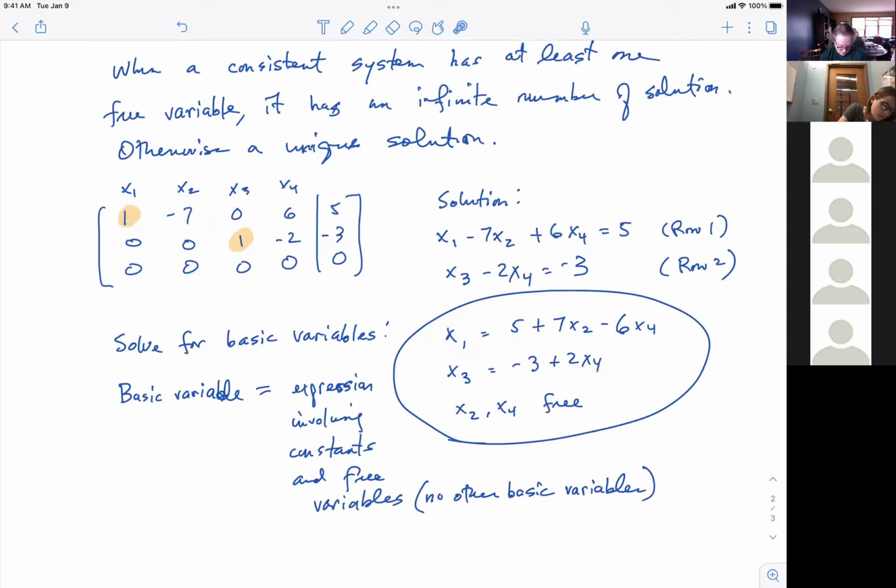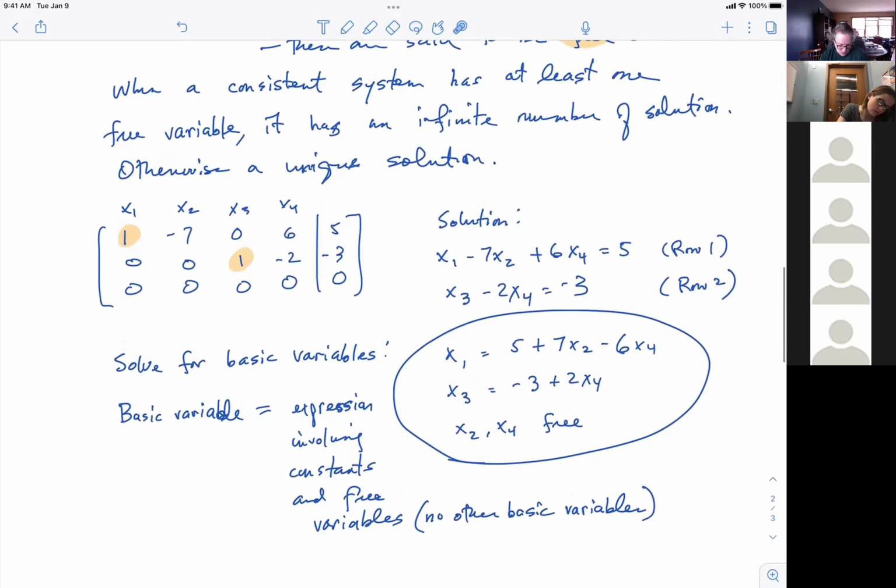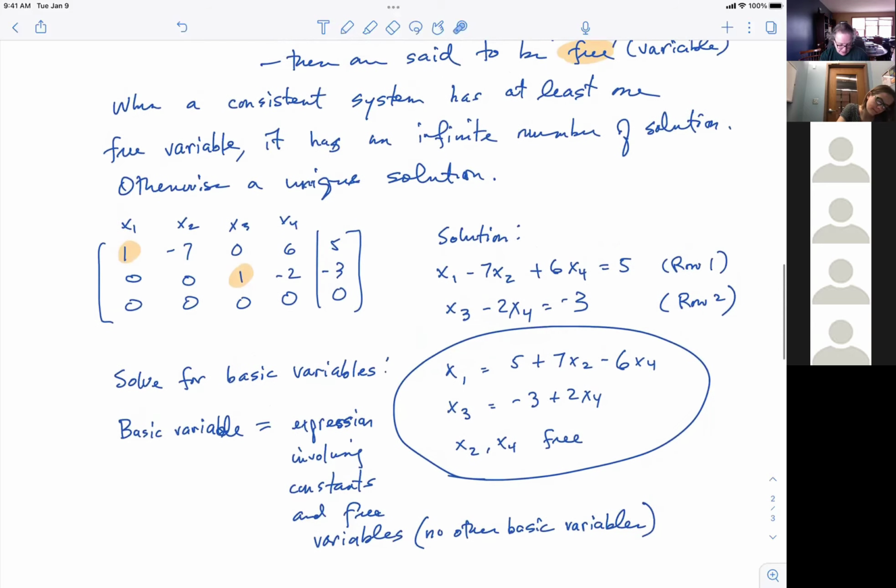For it to be a basic variable, there should be a number where that second zero is, in which case it would be a leading entry. All you do is look, where are my leading entries? The variables corresponding to those columns are basic and all the other variables are free.